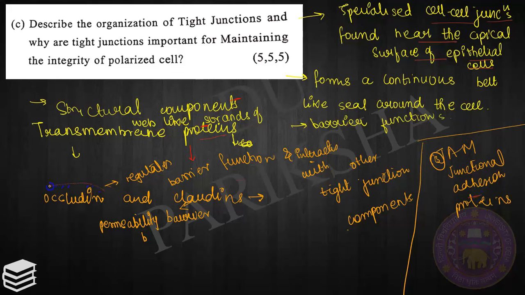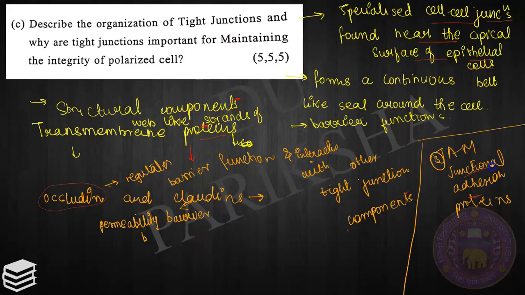So what does occludin do? It regulates barrier functions और interact करता है with other tight junction components जो दूसरे सेल्स के टाइट जंक्शन कंपोनेंट्स होते हैं, और ये क्लॉडिन्स के साथ इंटरैक्ट करता है स्कैफोल्डिंग प्रोटीन्स के साथ. और वी हैव क्लॉडिन्स, वही ये परमेबिलिटी बैरियर की तरह काम करता है, एक तरीके से बैकबोन होता है टाइट जंक्शन स्ट्रेंथ्स का.